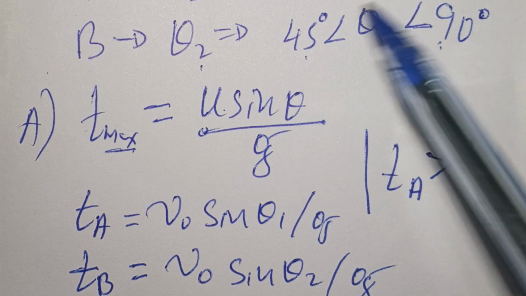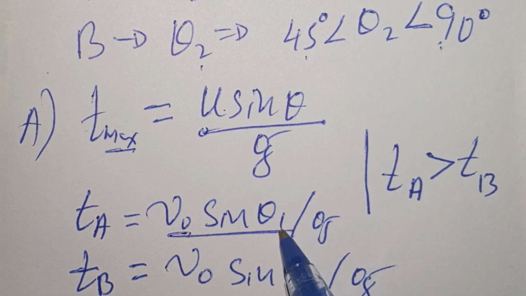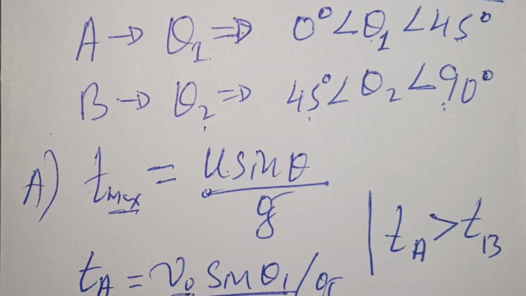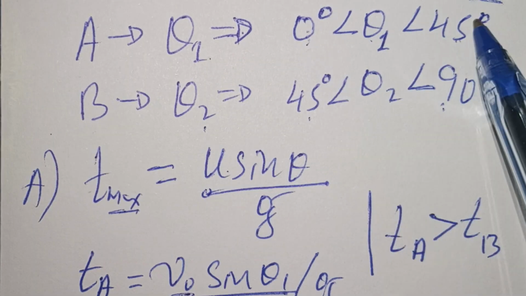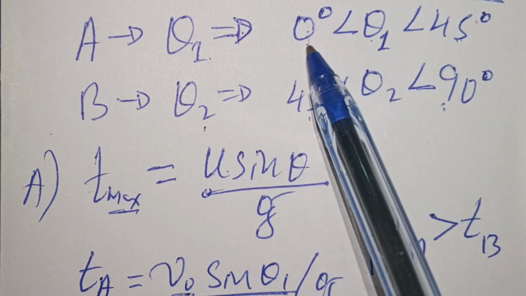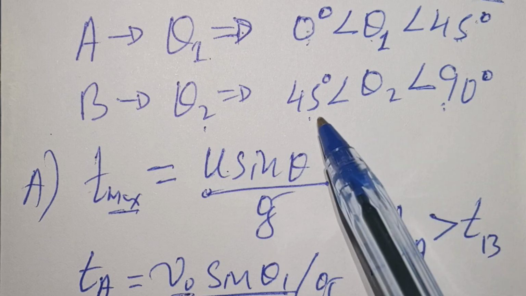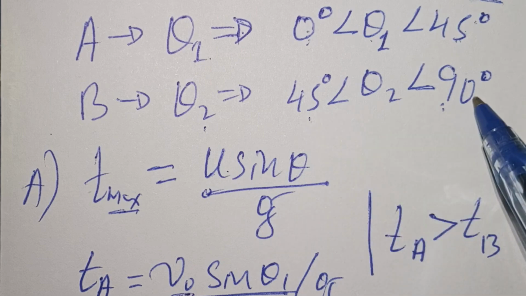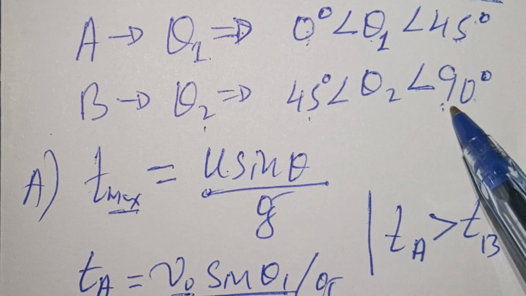Easily, we know that the sine of a smaller angle is a smaller number, and as the angle increases, the sine of that angle also increases. As we see from the given, theta 1 is from 0 to 45. That means the sine of 0 to 45 is less than the sine of 45 to 90 degrees, since the sine of 0 is 0 and the sine of 90 is 1.